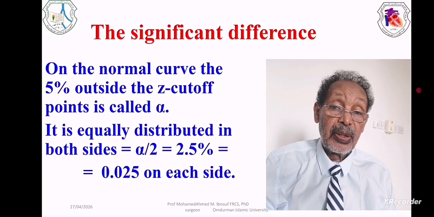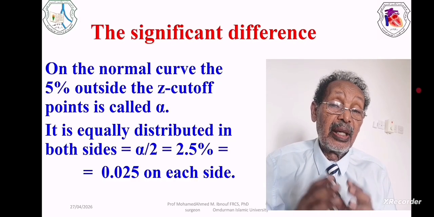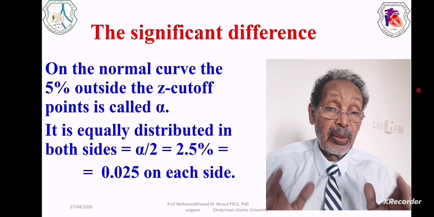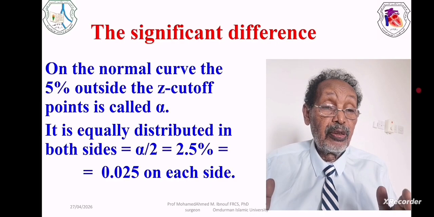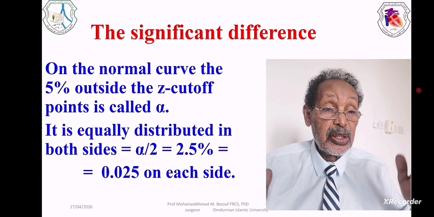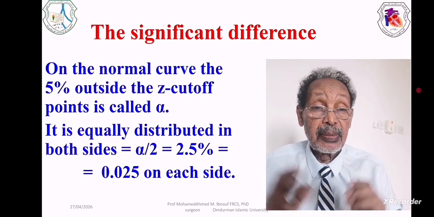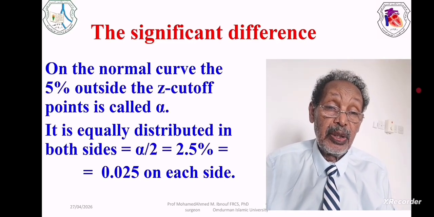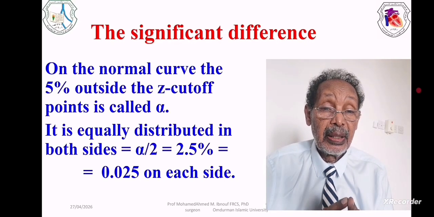We call this 5% alpha. On the normal curve, the 5% outside the Z cutoff, which is 1.96 for the 95% confidence interval, we call alpha.